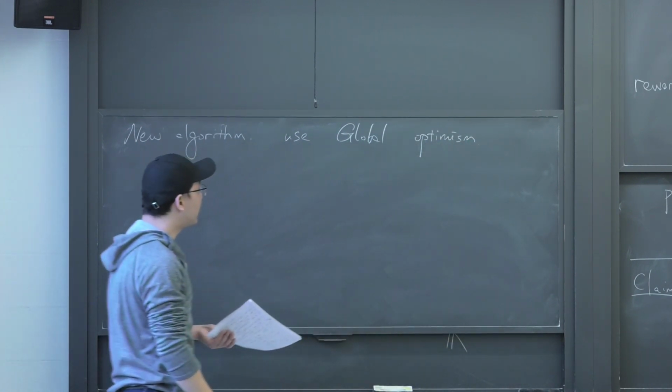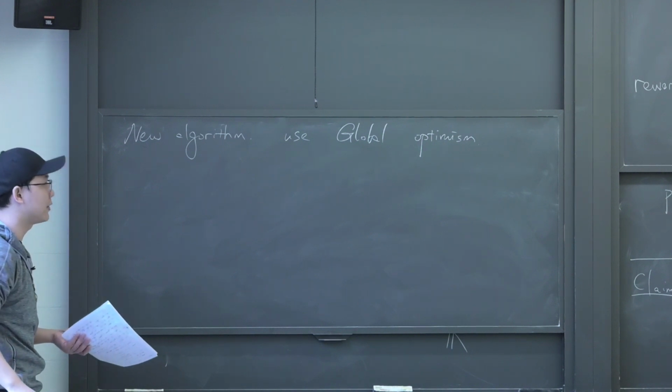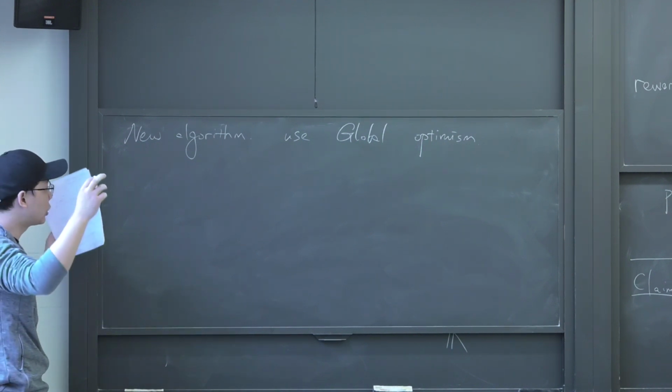By saying this is global optimism, we're essentially referring to the previous way of adding bonus as something like local optimism.